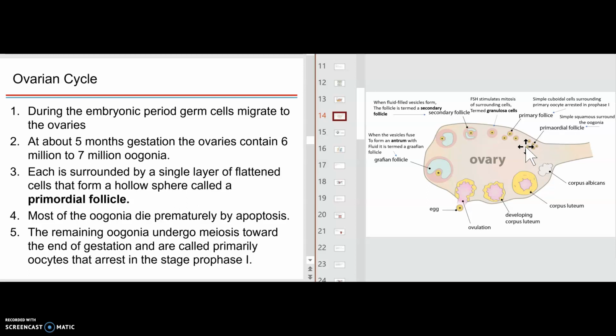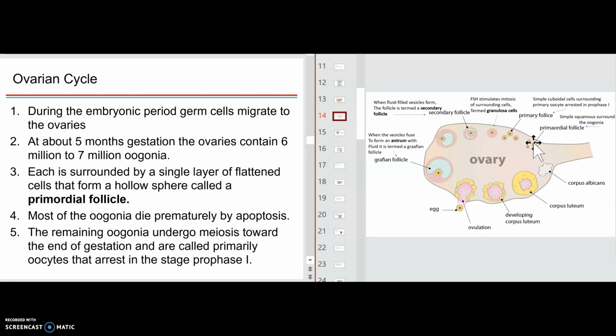So a follicle is a structure that is not only the germ cell, the reproductive cell itself, but it is being surrounded by other cells. That's a follicle. The primordial follicle is the first follicle in the female. The primordial follicle is the oogonia surrounded by some flat cells like squamous cells.